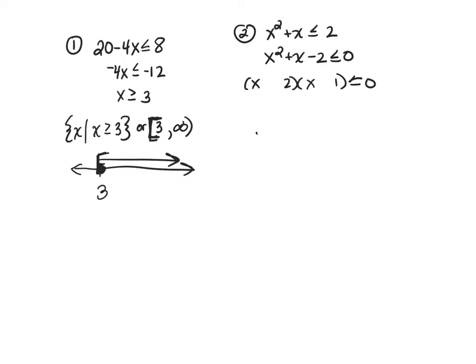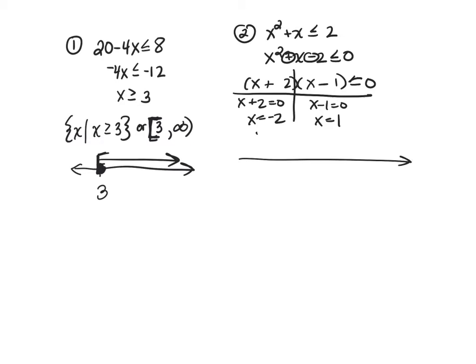We're going to do roots, so I put equal signs here. Signs are different, bigger one's positive. I'm finding my roots, so I do my t-chart. So these are my test values, negative 2 and 1.